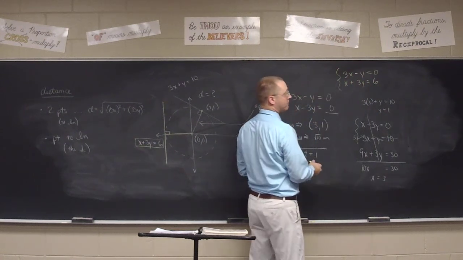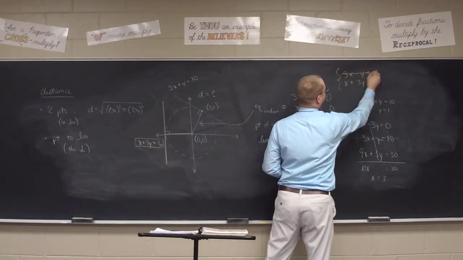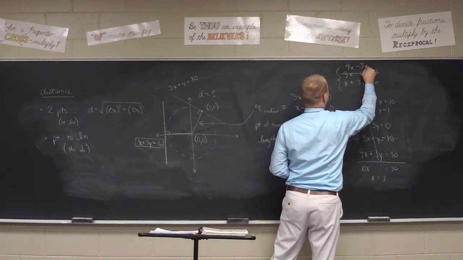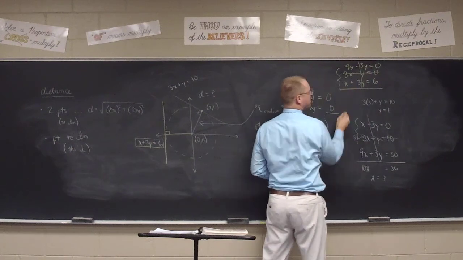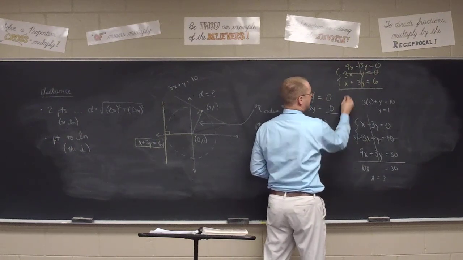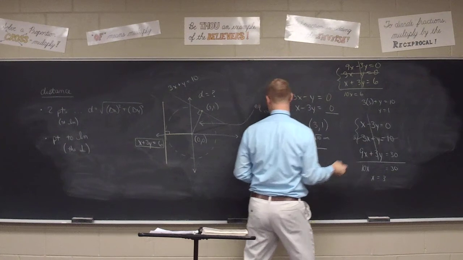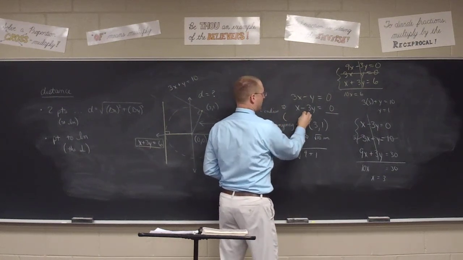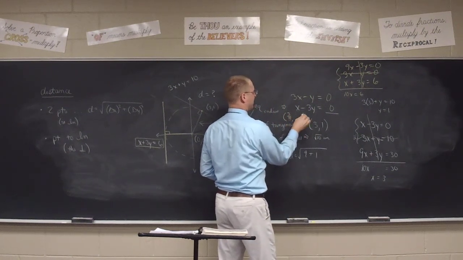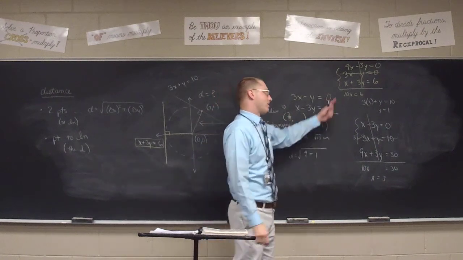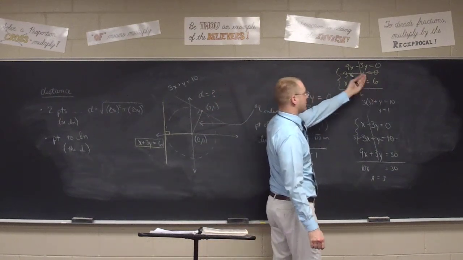Multiply the top by 3 to get 9x minus 3y equals 0. Cancel. This one's not as pretty. What do I get? 10x equals 6, so x is 3/5. Plug in the 3/5, subtract it over, divide by 3.